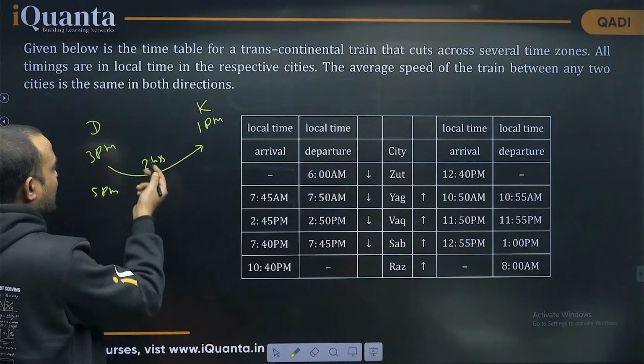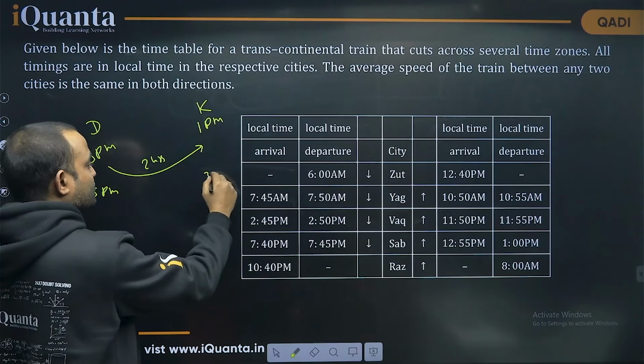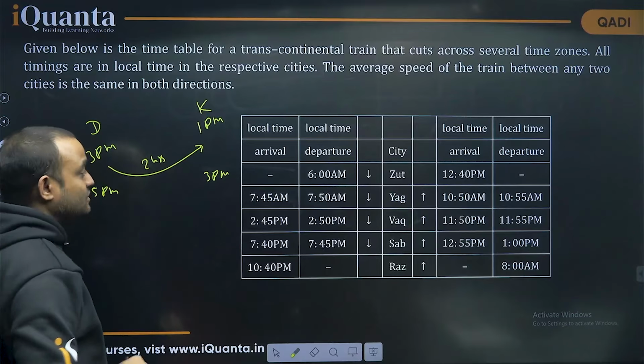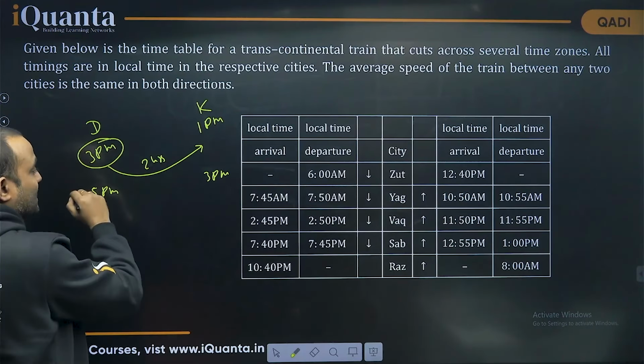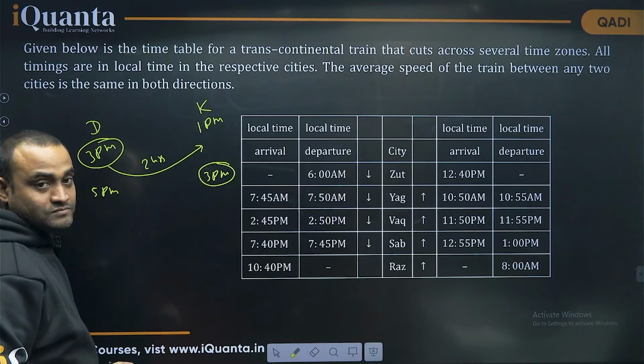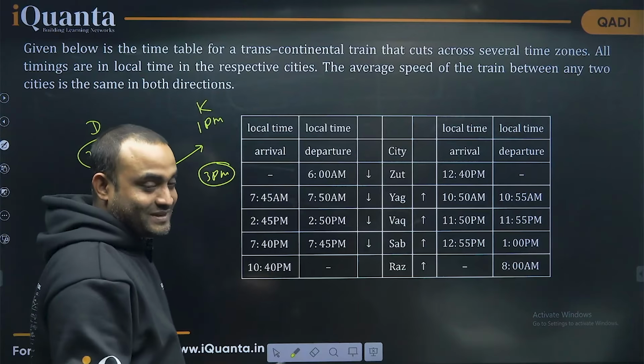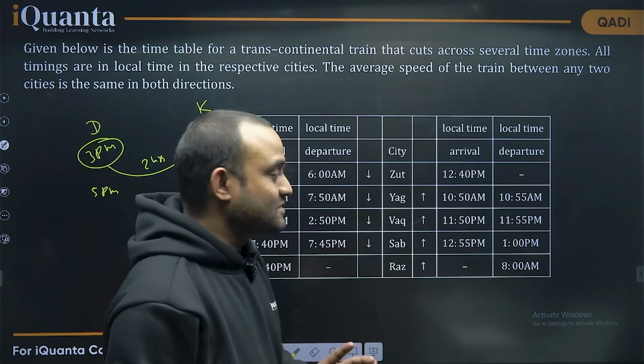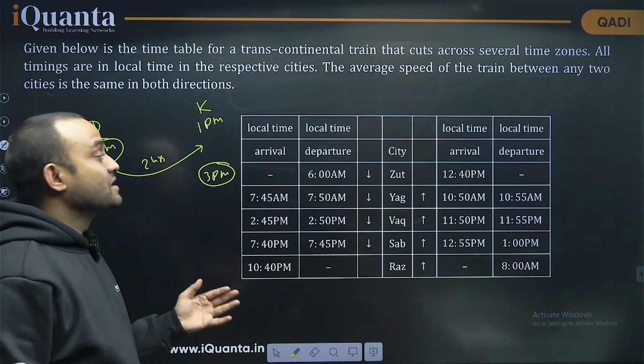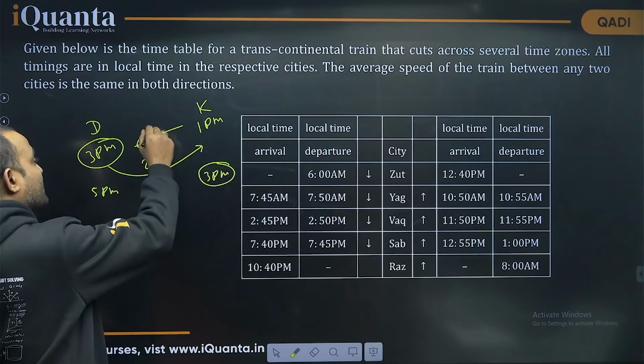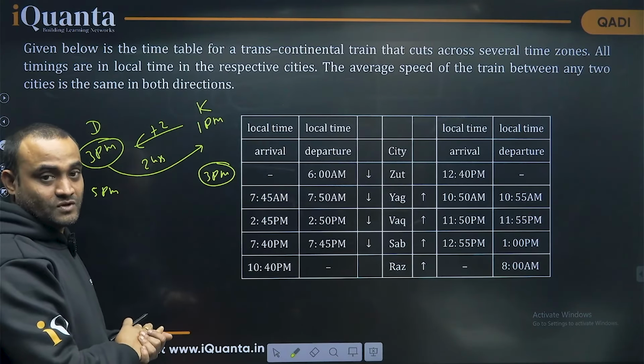But as Delhi is 2 hours ahead of this, it will be 3 p.m. in Kolkata. So it started from Delhi, local time 3 p.m., arrived at Kolkata 3 p.m. Total time that we can say the difference from this time to this time is 0. Why? Because Delhi is 2 hours ahead of Kolkata, right?